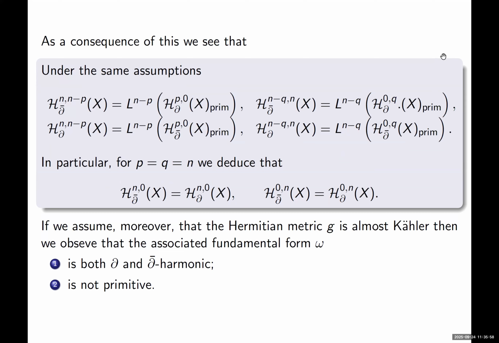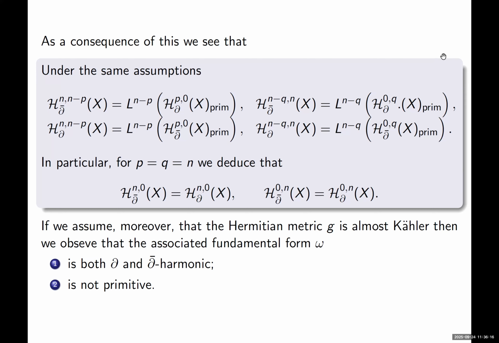This means essentially that on all the edges of the Hodge diamond of an almost complex manifold, where forms should be there, in fact, we have a primitive decomposition for all these spaces.